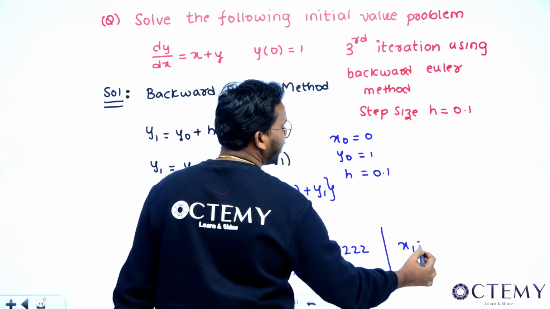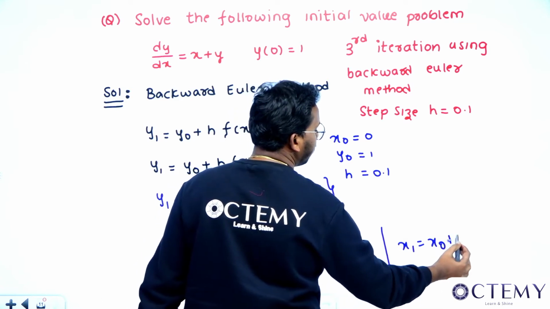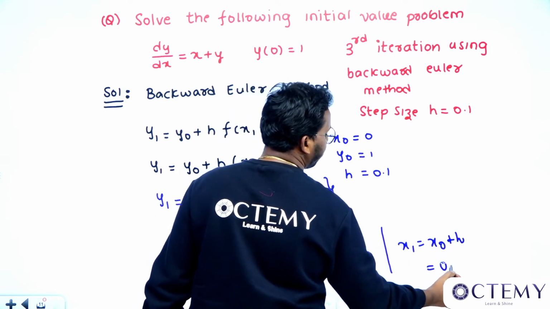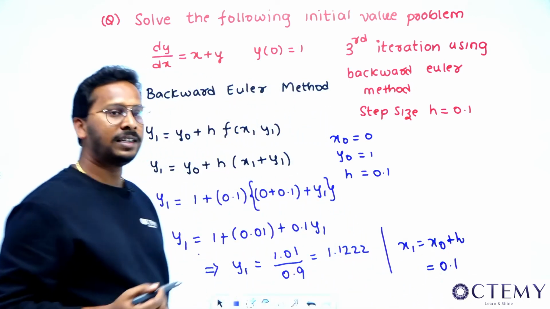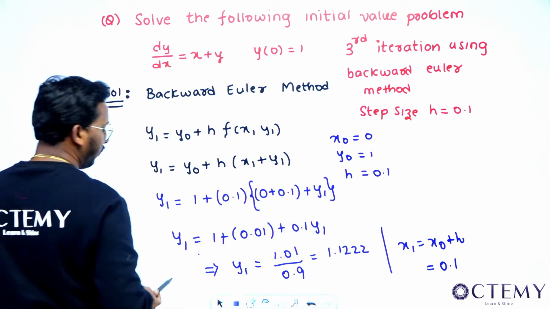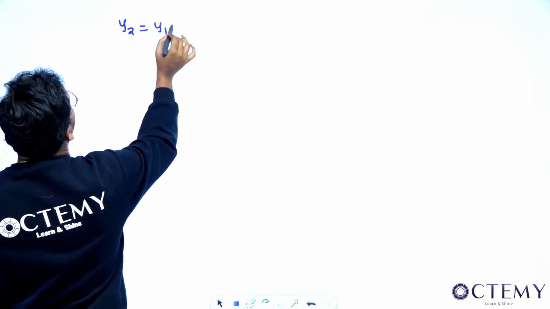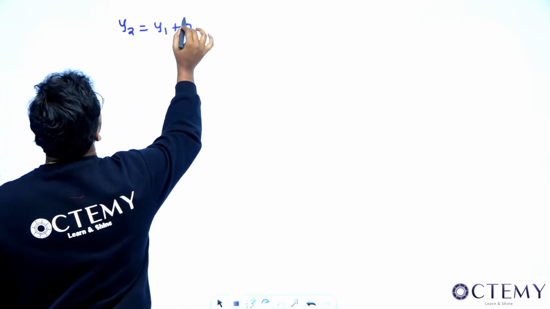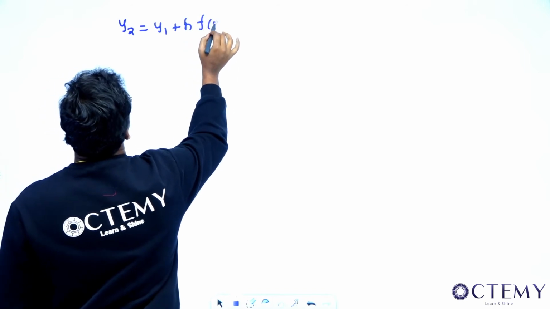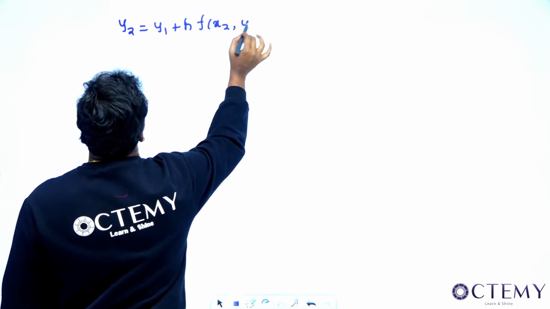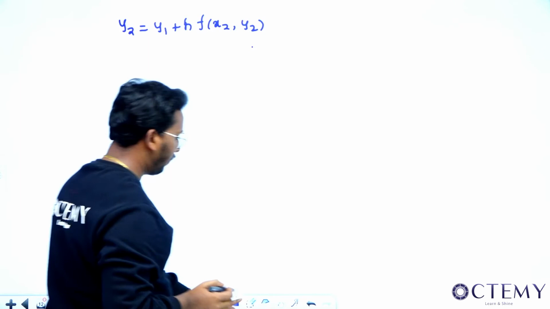Similarly, this is your y1 for x1, sir. Your x1 is basically x0 plus h, that is 0.1. Three iterations is asked, so we have to go to y3. So for y2 you have to use y2 = y1 + h f(x2, y2).